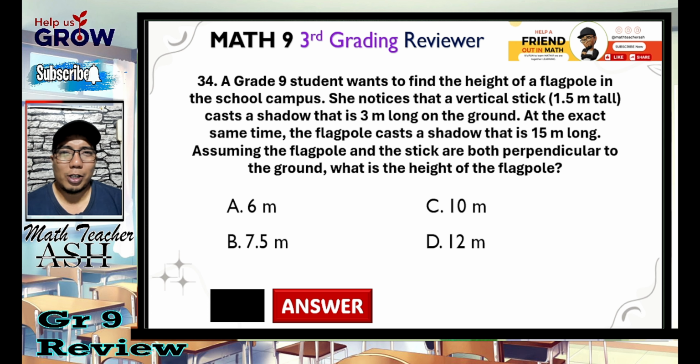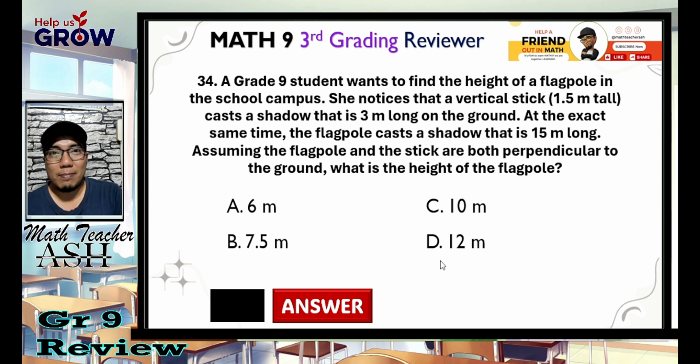Alright, my dear math learners, first things first, you need to consider the parts. We are dealing with the vertical stick. The vertical stick is 1.5 meters tall, but its shadow is 3 meters long, meaning the shadow is longer than the actual stick. At the same time, the flagpole has a shadow of 15 meters long.